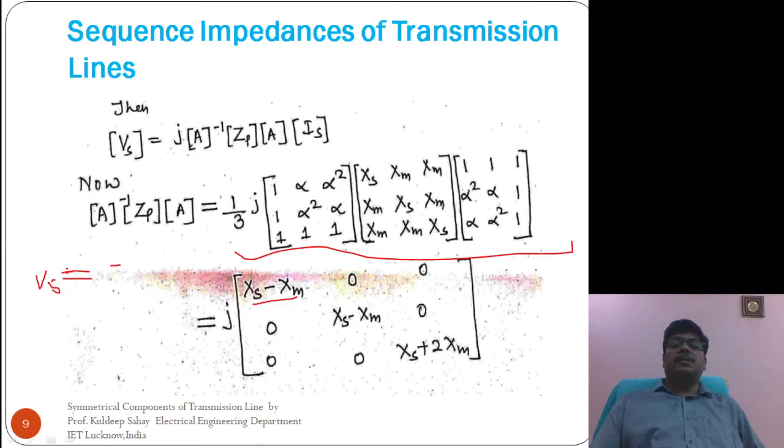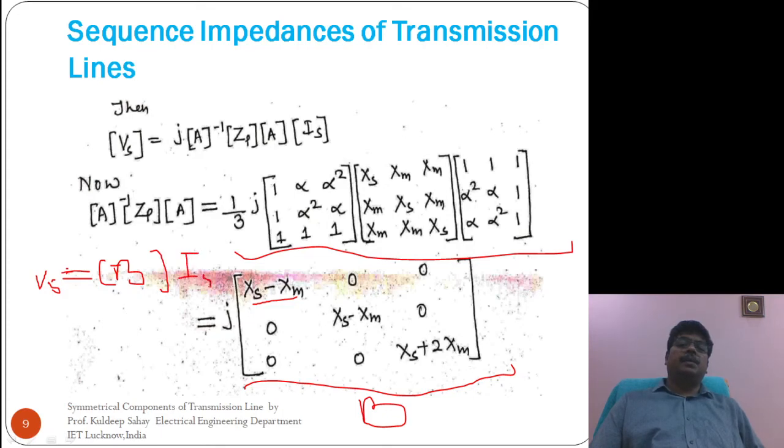Sorry, say this is a matrix B, so Vs equals matrix B into Is.